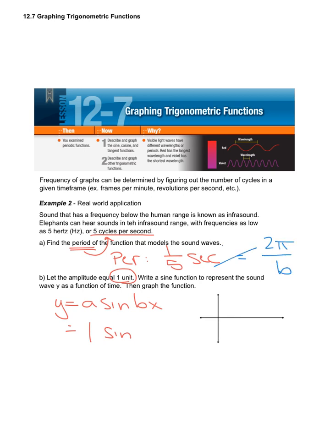So if I were to cross multiply here, b times 1 is b, 5 times 2 pi is 10 pi. I know that my b value in my equation has to be 10 pi. So the equation is y = sin(10 pi x). And then that's the equation I'm graphing.